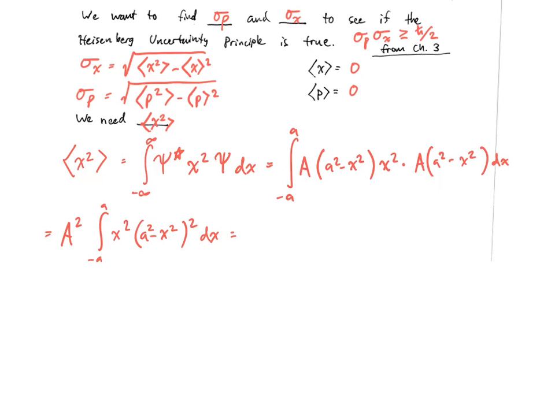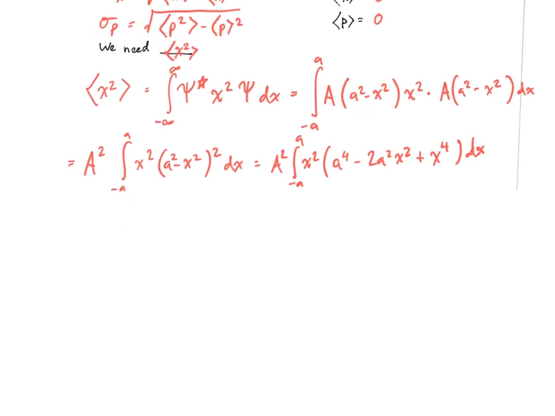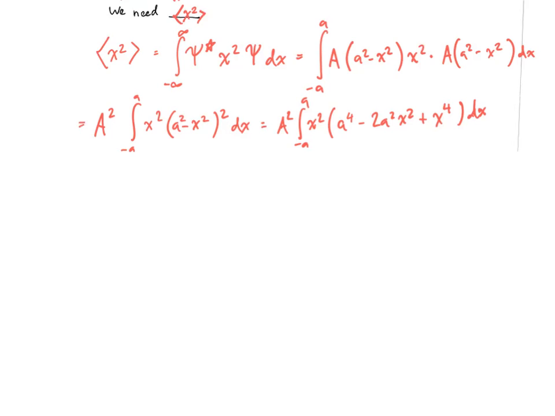Okay, and then I'm going to FOIL this out. A to the fourth minus 2a squared x squared plus x to the fourth, dx. Okay, this becomes A squared, just like before.